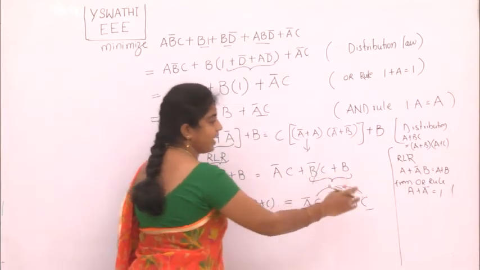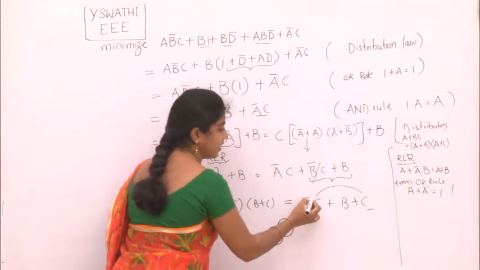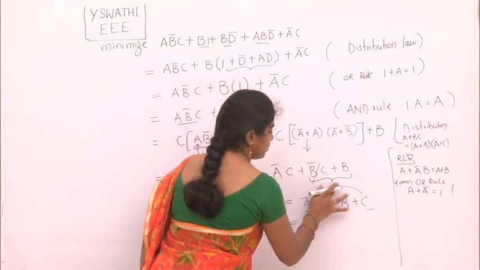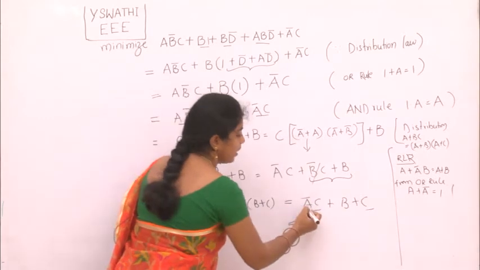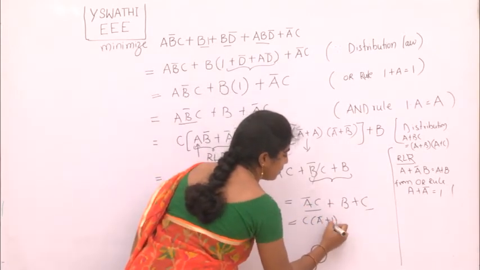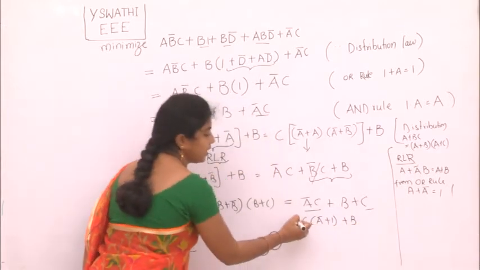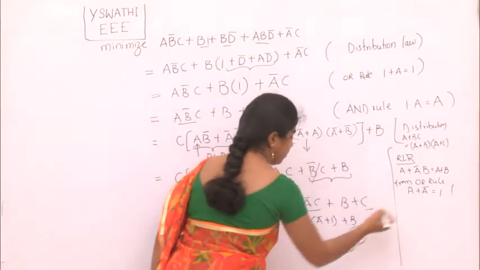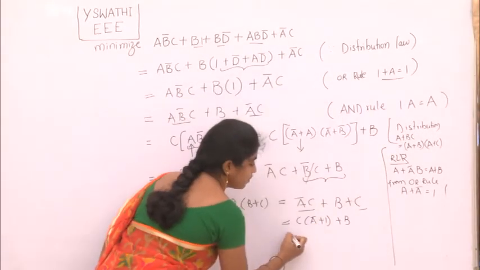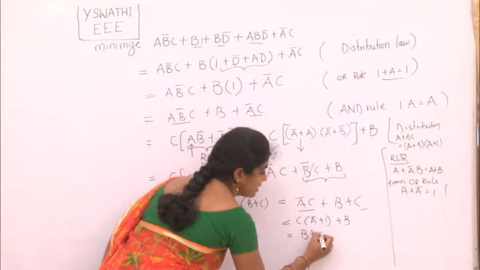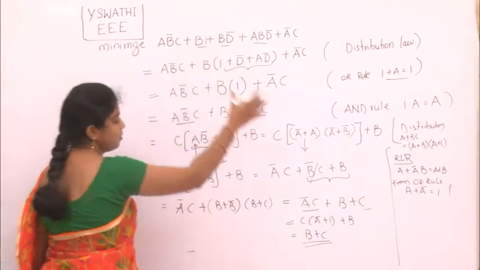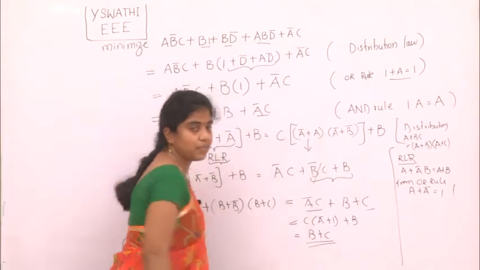Otherwise from the RLR rule you can directly drop this. Here you can take C as common. So here A bar plus 1, plus B. Anything plus 1, again from the rule, will be 1. So here it will be B plus C. So this much expression is reduced to B plus C.